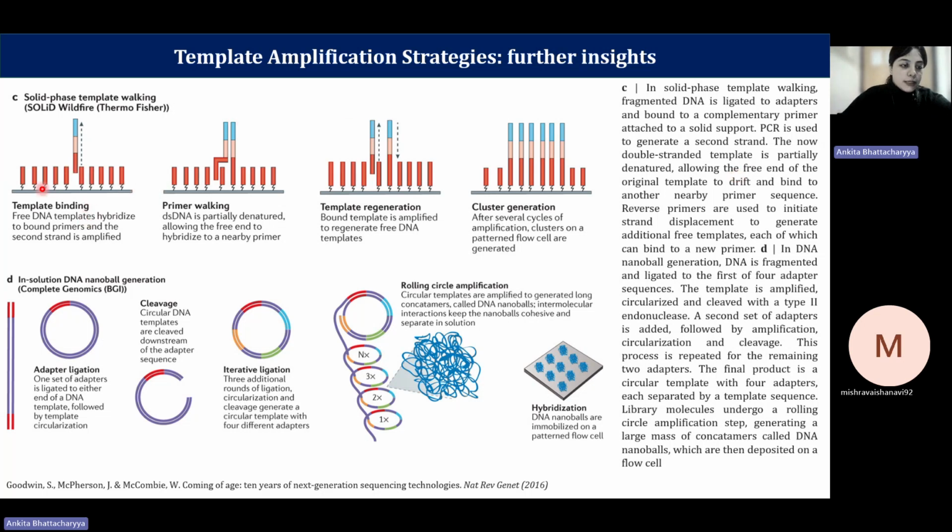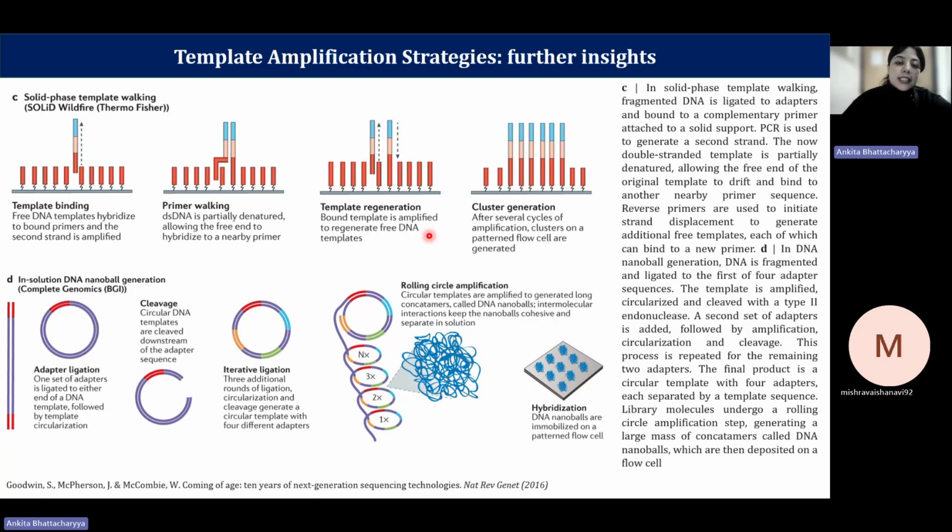You have the solid support on which your primer is present, to which DNA template is bound. The second strand gets amplified. For primer walking, dsDNA is partially denatured, allowing the free end to hybridize to another nearby primer. Then template regeneration takes place where more and more template amplification is occurring.